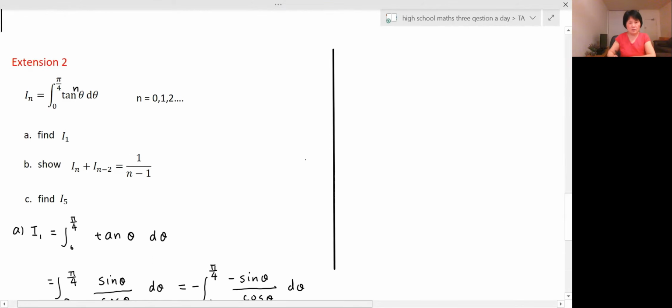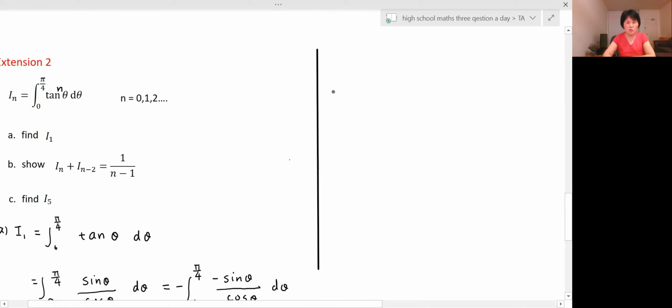So the question requires us to show that In plus I(n minus 2) is equal to 1 over (n minus 1).